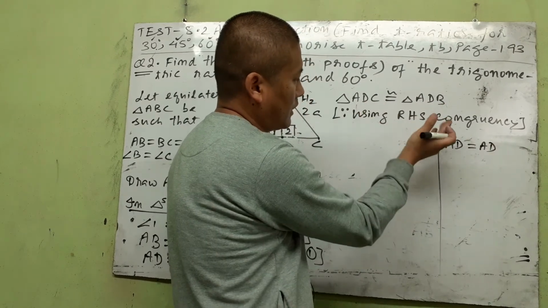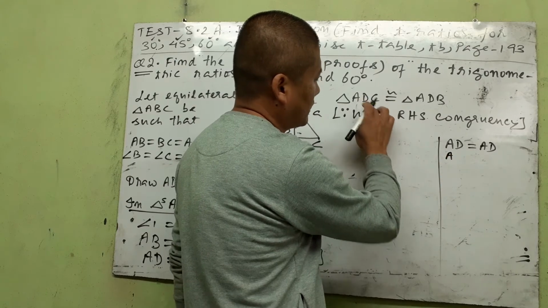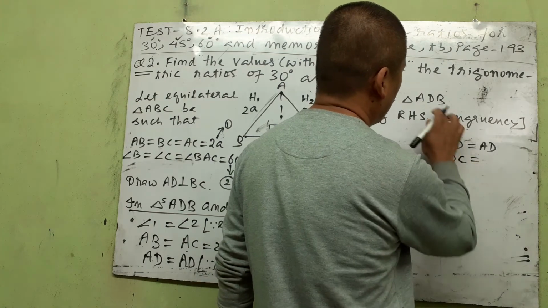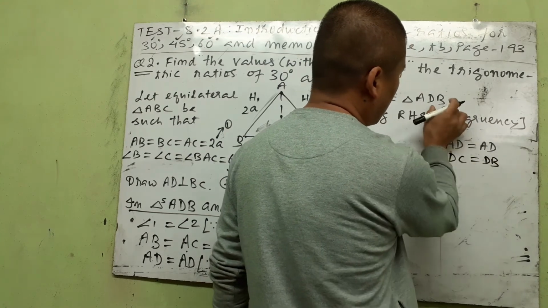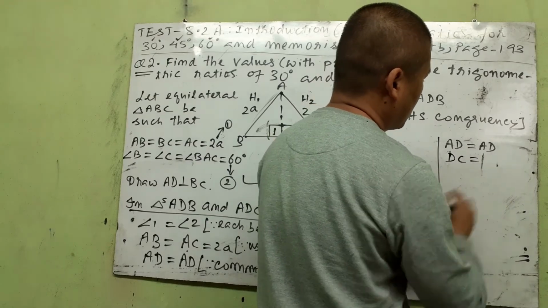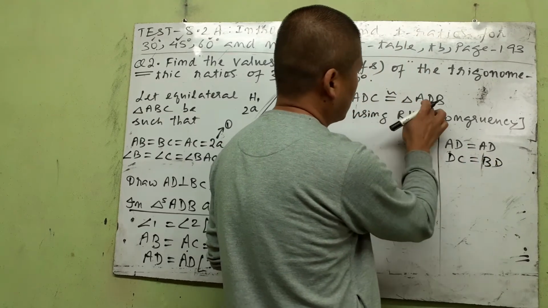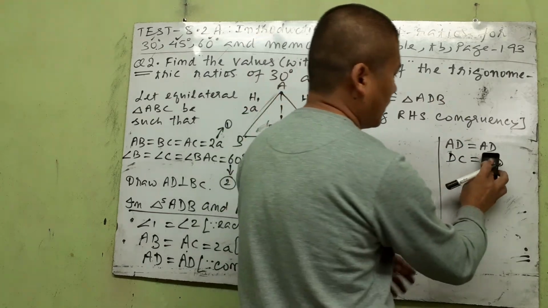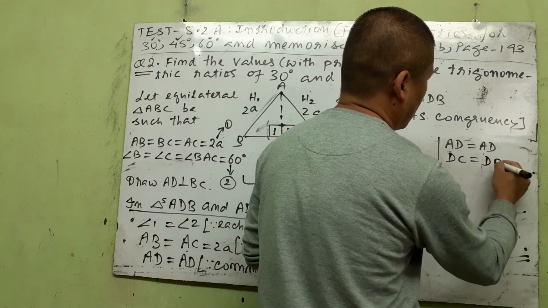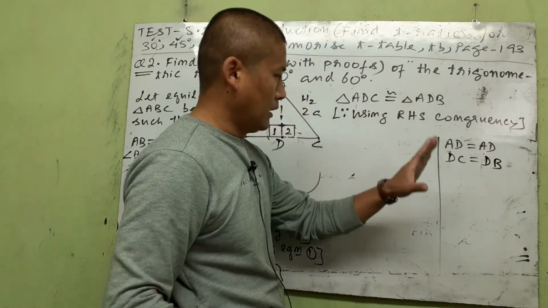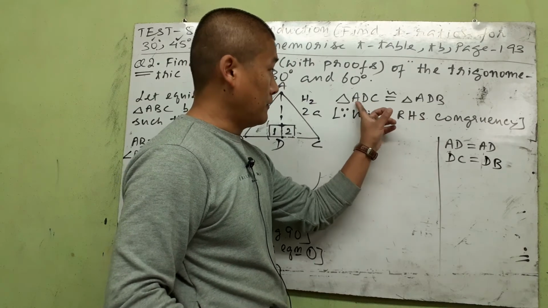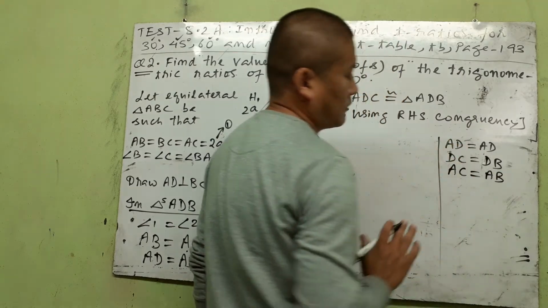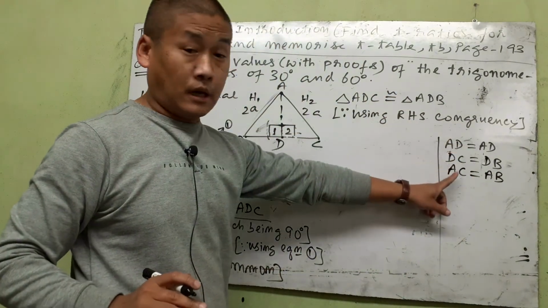So they have three sides, so there should be three sides equal. So DC, next is second and third, let us take. So second and third is DC, second, third is DB. That's correct. Or you can also write BD also, that's up to us. Second and third, third and second, same thing, okay? So just second side, second corresponding side. Three are possible because every triangle has three sides. So first and the third letter is C, first and the third letter. That's true. When two triangles are congruent, the corresponding sides are equal.